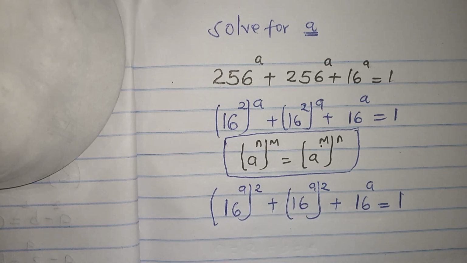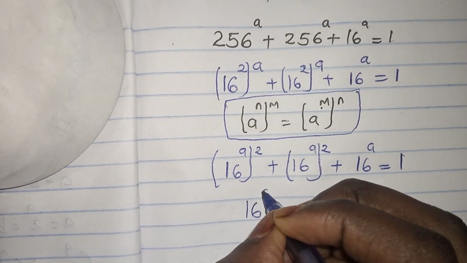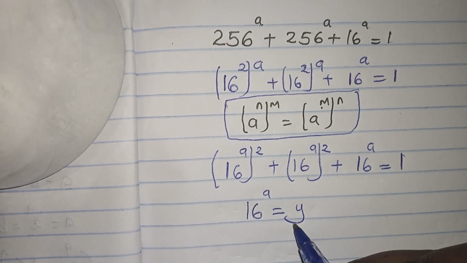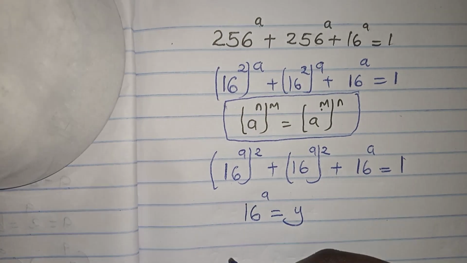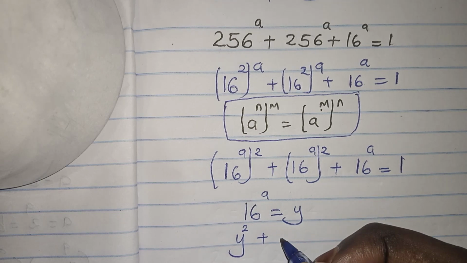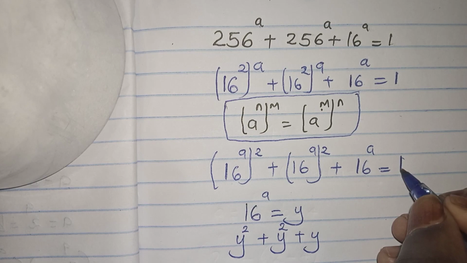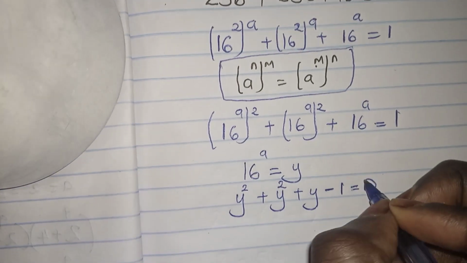Our next step, you can see here now we have 16 to the power of a, it's common. So 16 to the power of a, let it be y. We are going to substitute y in this equation here. Therefore, y squared plus y squared plus y, I'm bringing this one on this side, minus 1 is equal to 0.